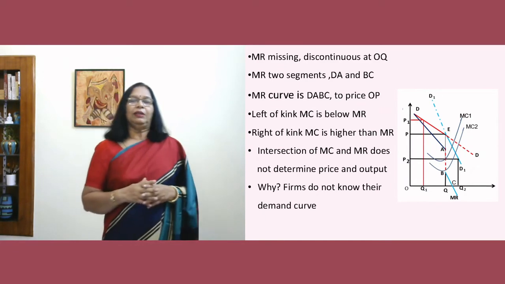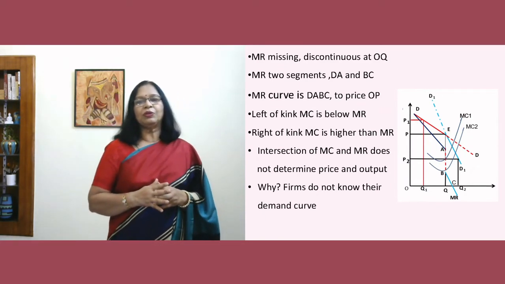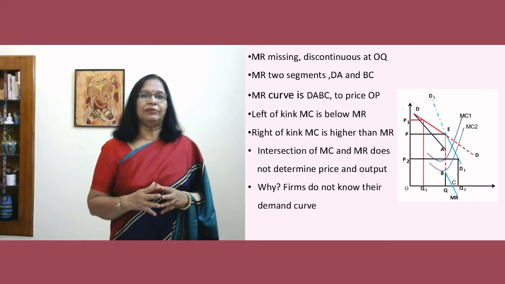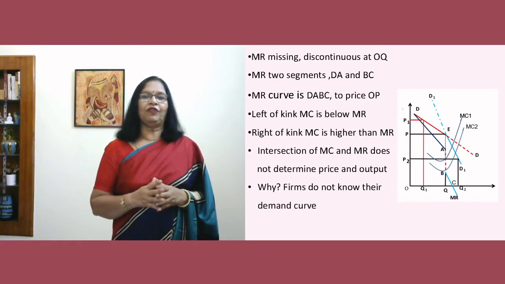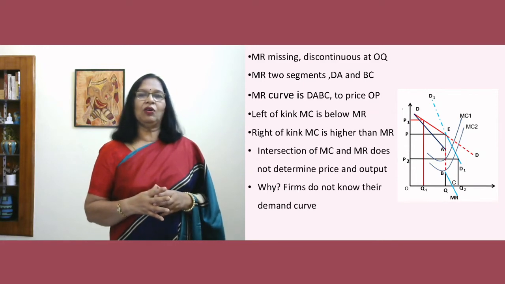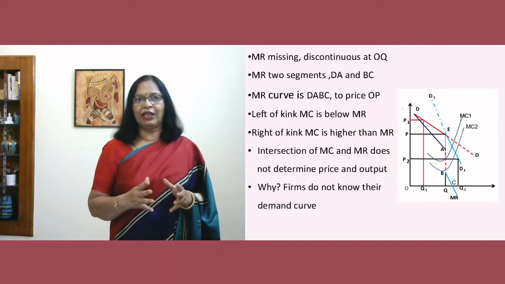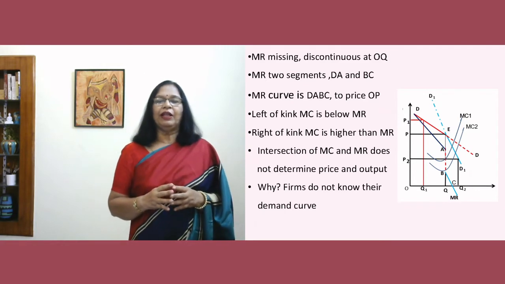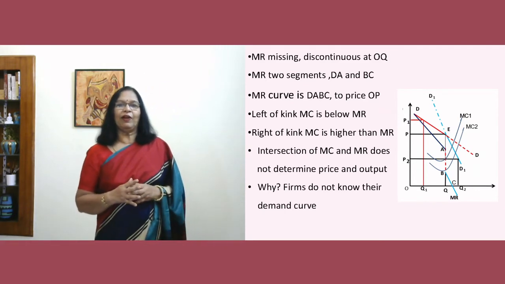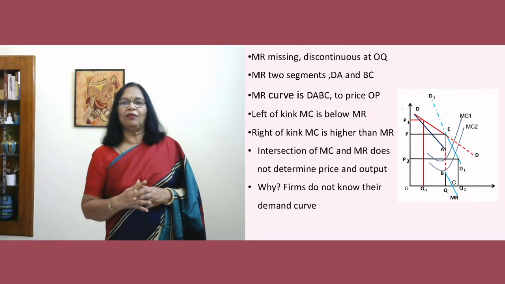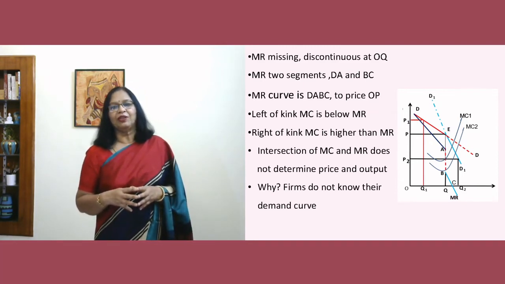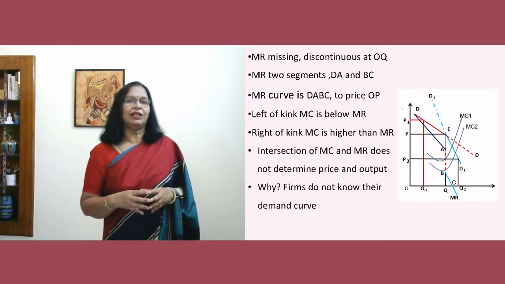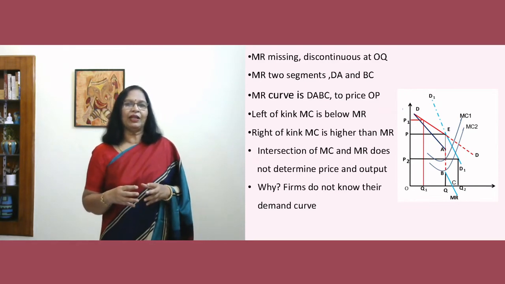Now, in this diagram, you also saw that I had not introduced the marginal cost curve there. Let's look at the marginal cost and marginal revenue curves in this kinked demand curve analysis. If you look at it, you will find that the marginal revenue curve has disappeared after the point A. The marginal revenue curve indicates the additional revenue that the firm will get after the sale of its goods.